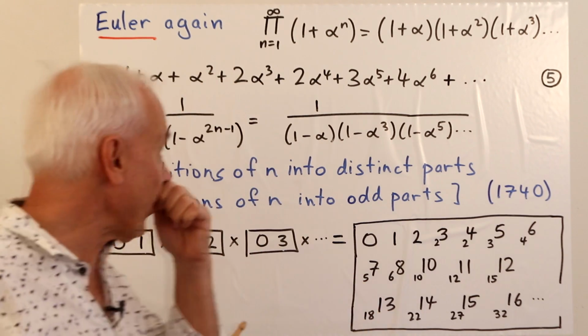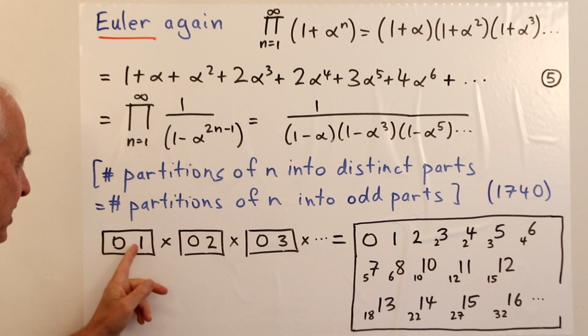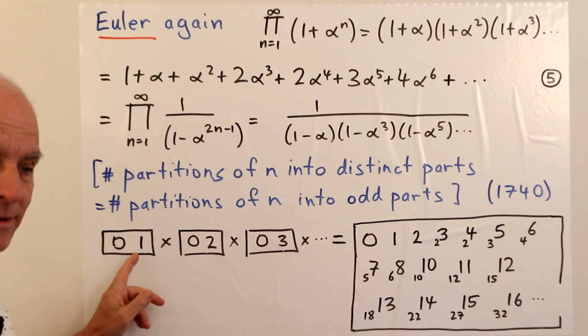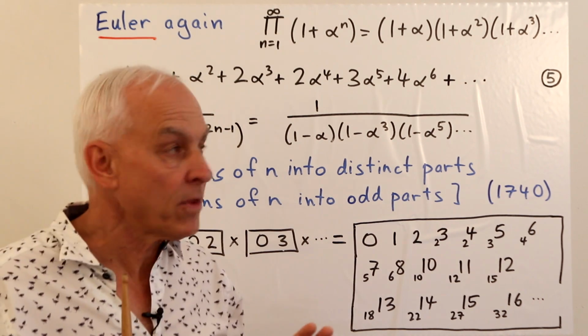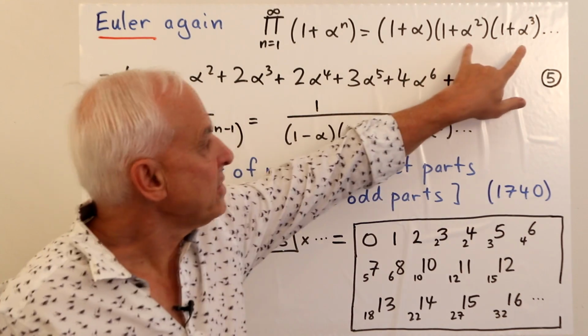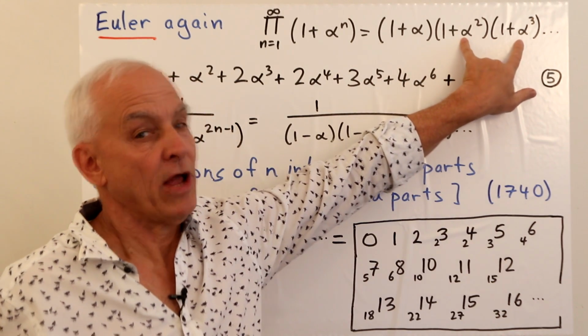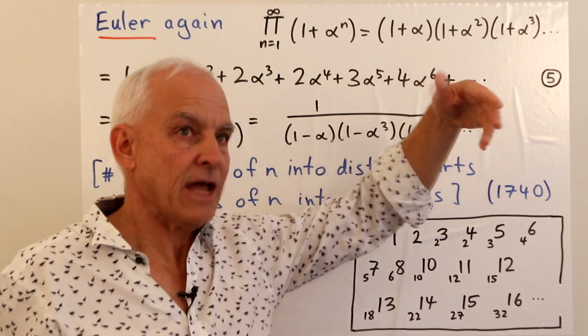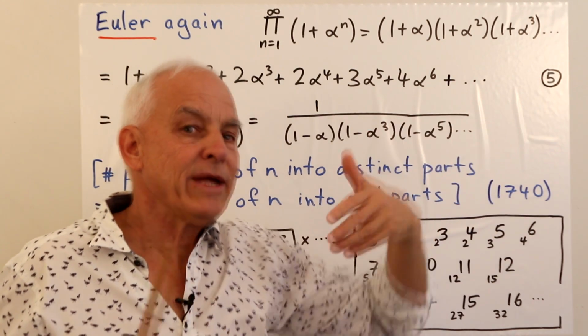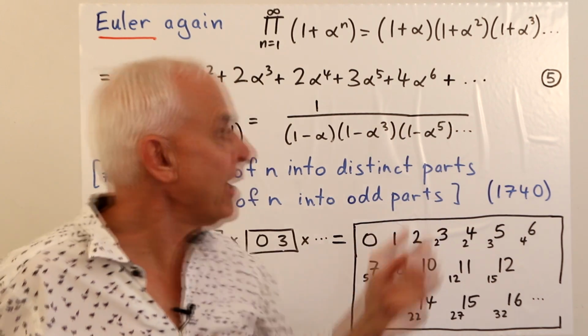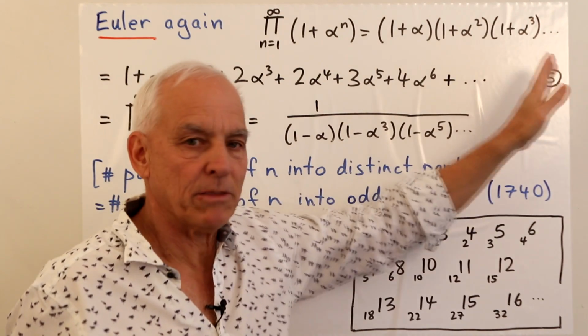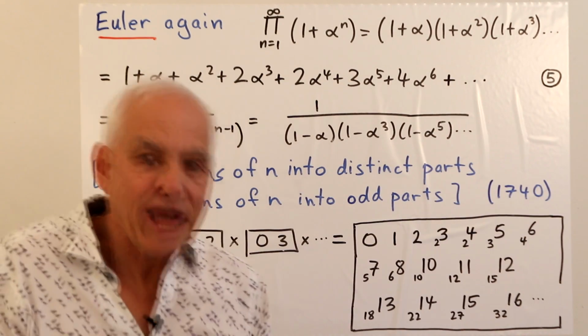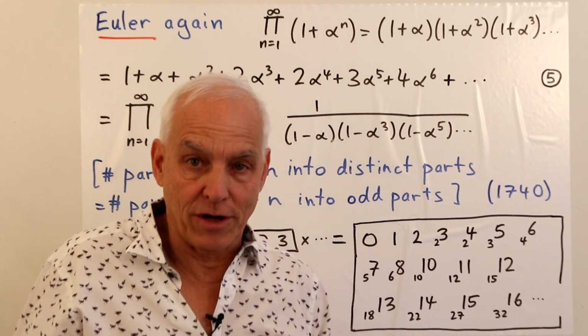But for us, this alpha is just represented by this box with the 1 in it. So it's completely cut and dried. And furthermore, when we do this multiplication, like alpha squared times alpha cubed, that's alpha to the 5th. But it's really an addition, isn't it? I mean, yes, we're saying we're doing multiplication, but computationally, it's really an addition.